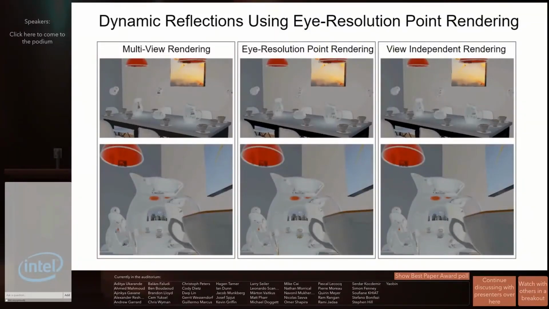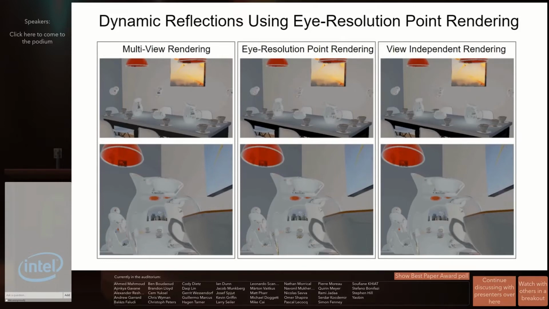In our research, we describe an improvement to the recently developed view-independent rendering and apply it to dynamic cube map reflections. Standard multi-view rendering renders a scene 6 times for each cube map, while view-independent rendering traverses the geometry once per frame to generate a point cloud optimized for many cube maps and uses it to render reflected views in parallel. Our improvement, our resolution point rendering, incorporates a fundamental change to the view-independent rendering sampling scheme, where view-independent rendering ensures at least one point will be projected to every pixel in all off-screen buffers.